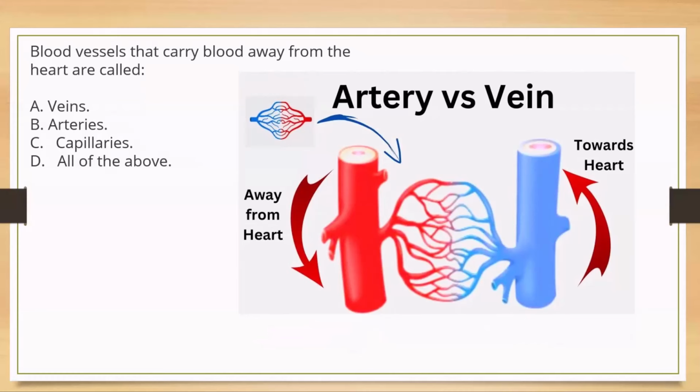In other words, arteries carry oxygenated blood to the whole body, so they carry it away from the heart. Whereas the veins carry deoxygenated blood and send it into the heart. So again, arteries carry blood away from the heart, whereas veins carry blood towards the heart. So over here, your answer is B.